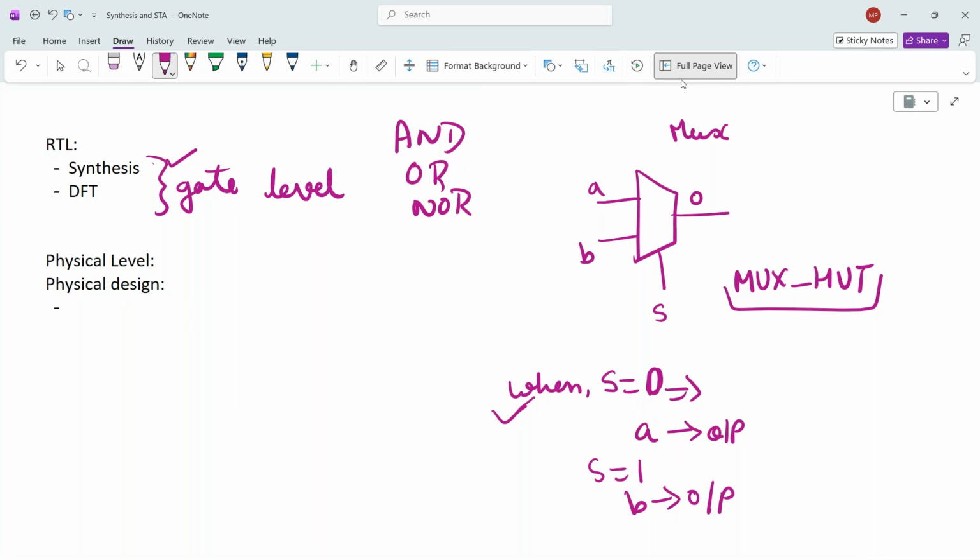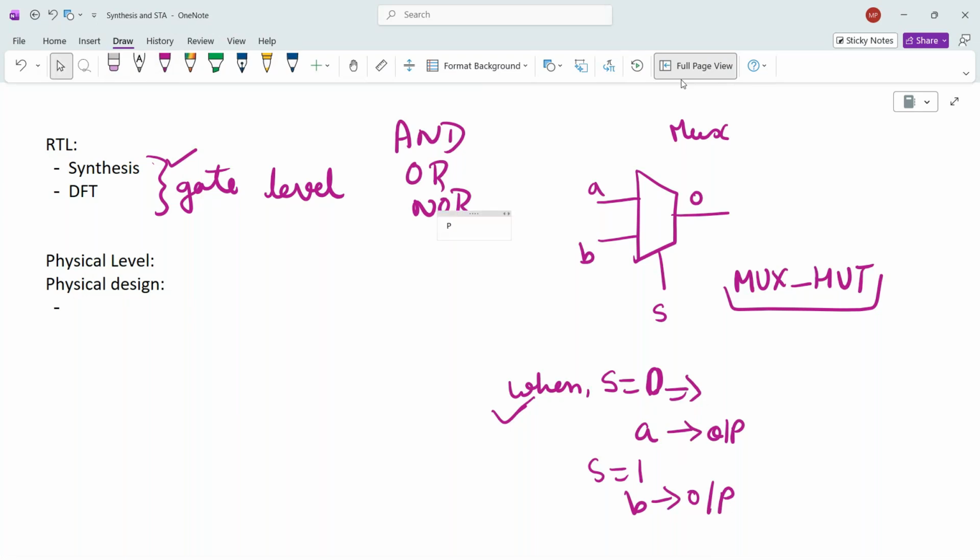The tool still does not have the layout information. It has just converted the RTL into a gate level netlist, meaning technology independent to technology dependent. Now in physical design, people will be converting everything which is logical into the layout.